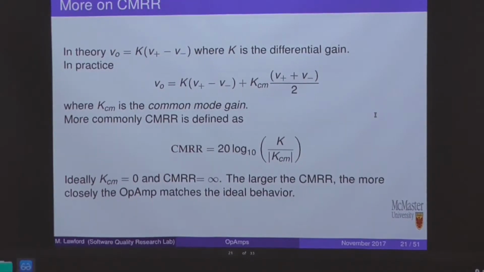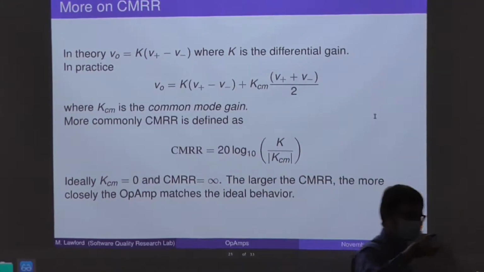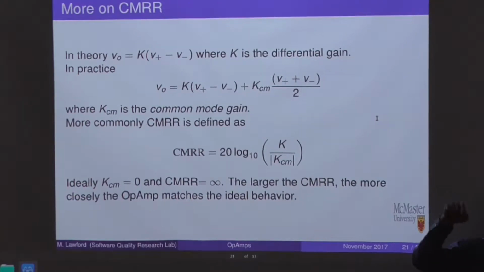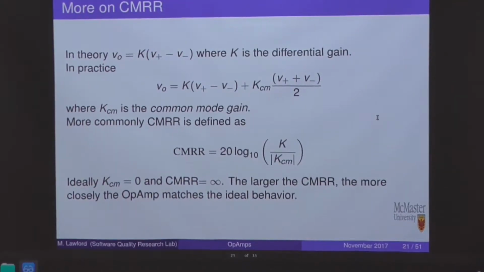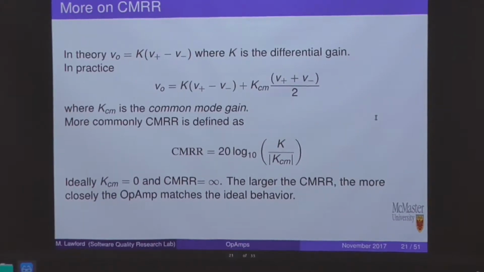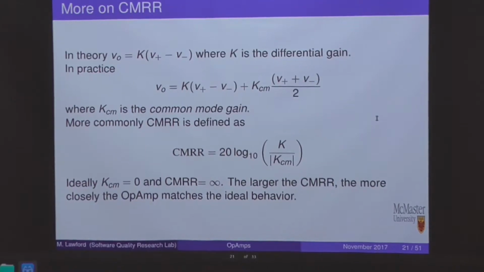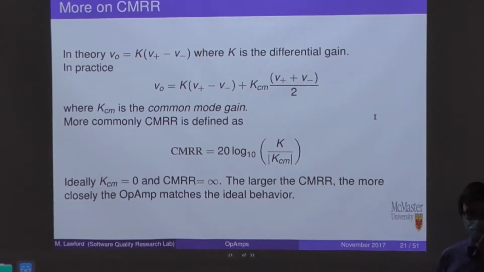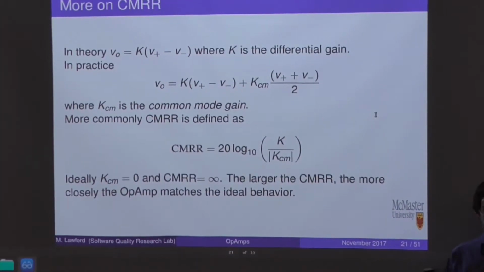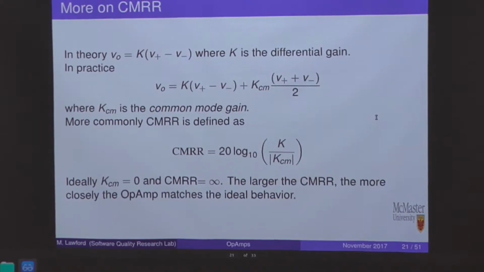Recall last time when we were talking about operational amplifiers, if you take the two input lines of an operational amplifier and you tie them to a common source, i.e. put it in common mode, you'll get a certain amount of gain produced that throws off the calculation with respect to the gain that you would expect.